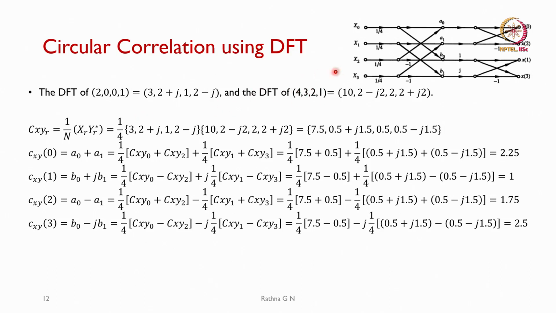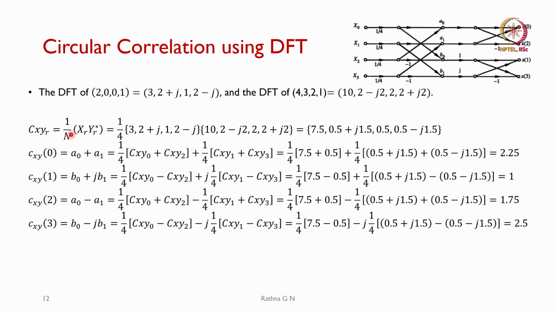You can calculate it the same way using the DIT FFT, that is decimation in time fast Fourier transform, butterfly structure, and compute the DFT of 4, 3, 2, 1. Here we assume we have calculated it previously, which gives 10, 2 minus j2, 2, 2 plus j2. These are the DFT of 4, 3, 2, 1.